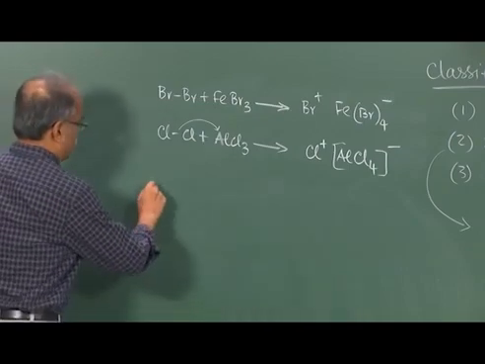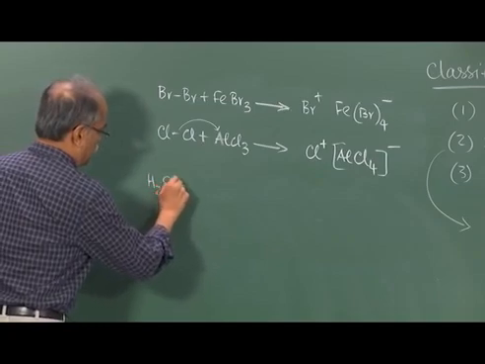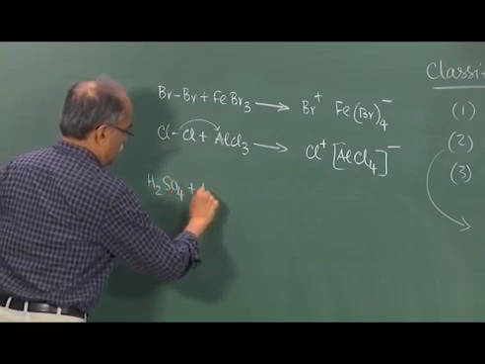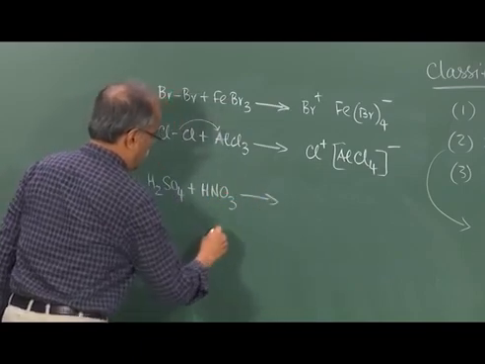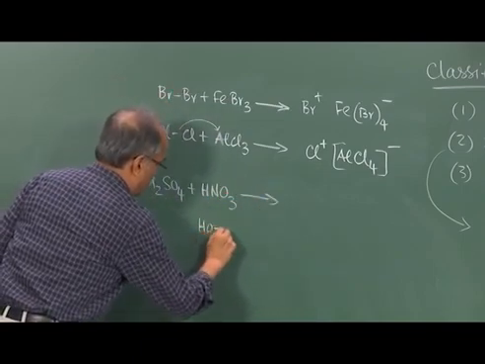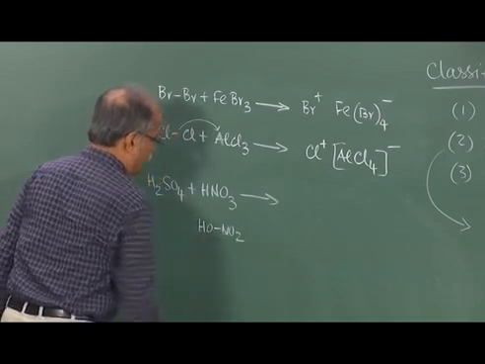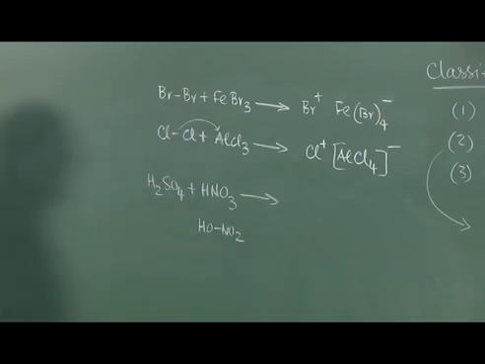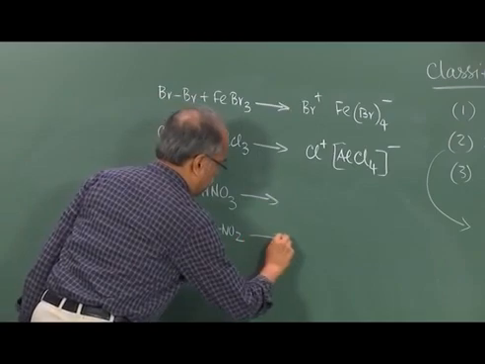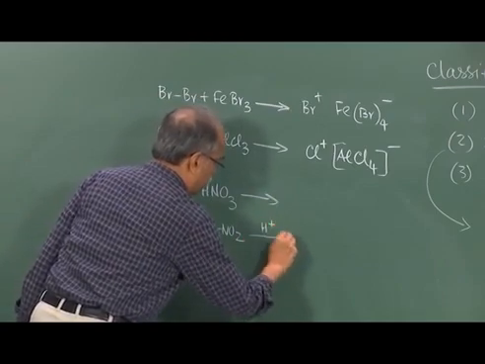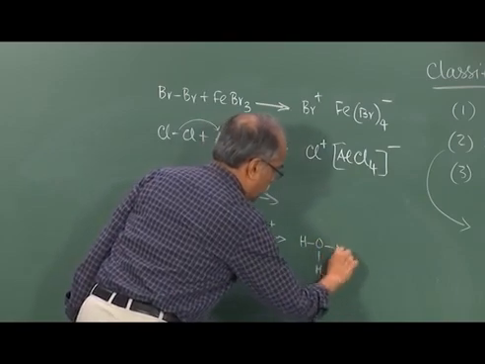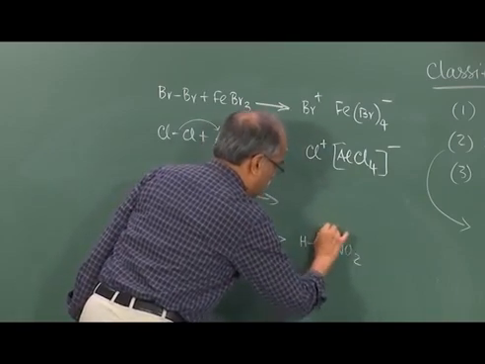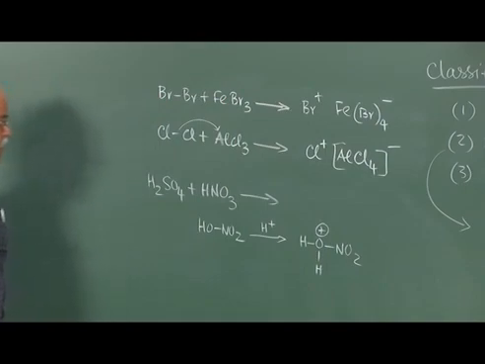Now, if you take sulfuric acid, concentrated sulfuric acid, and treat it with HNO3, for example, HNO3 is nothing but HONO2. The HONO2 undergoes initially a protonation because sulfuric acid is a stronger acid than nitric acid itself.